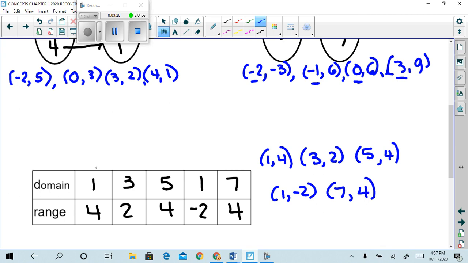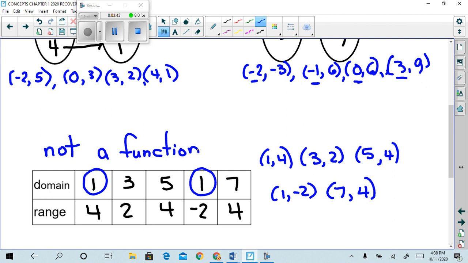The domain or input value of 1 is repeated. In order to be a function, it has to have the same range value, and it doesn't. So this does not represent a function. Once you notice that the input value is repeated at all, it must have the same corresponding output.